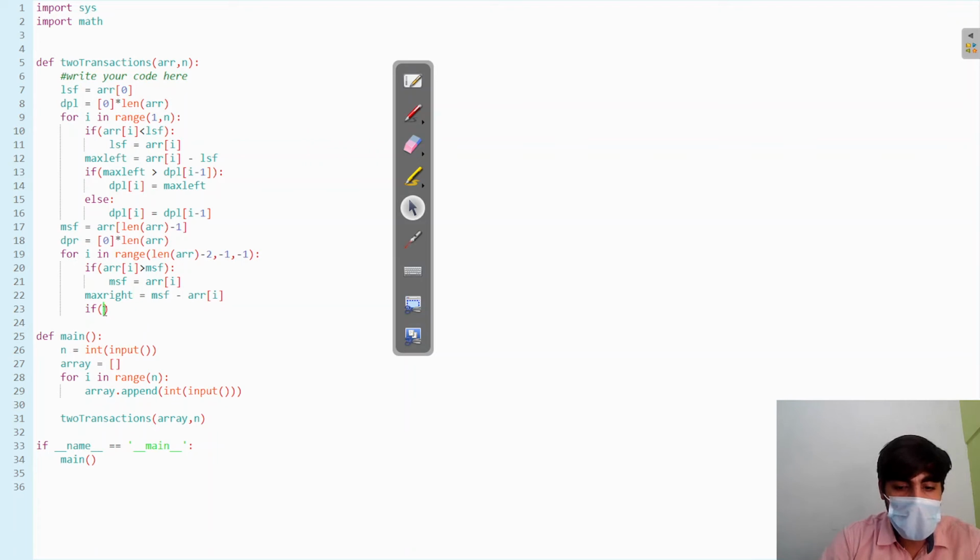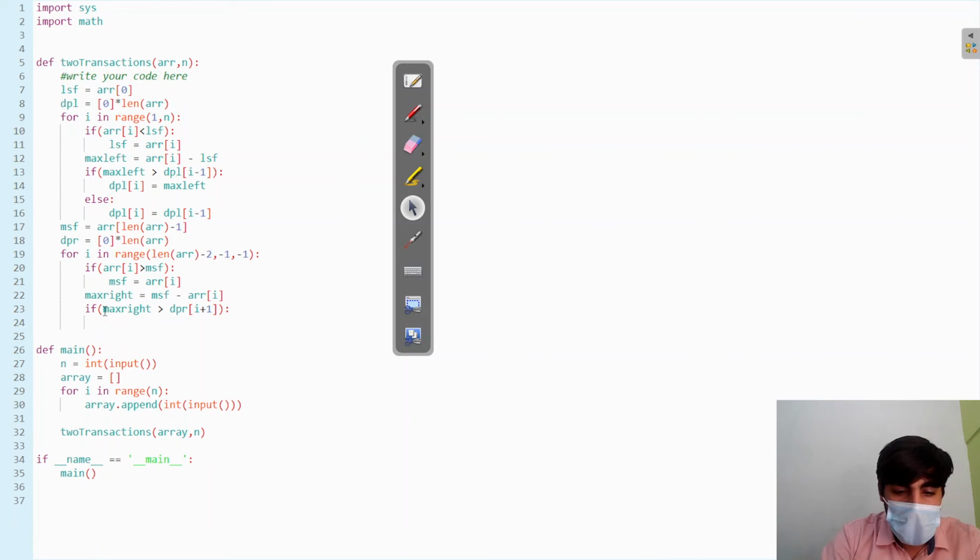If max right is greater than DPR at I plus 1, then DPR at I is equal to max right.